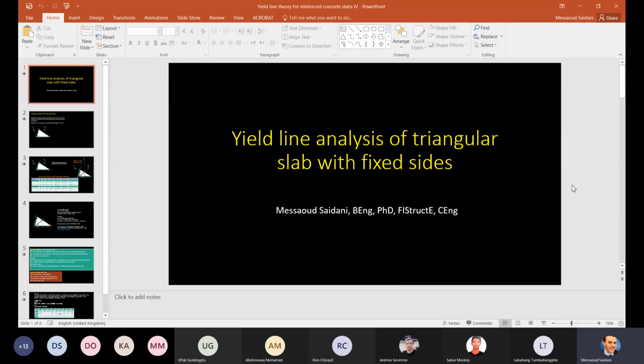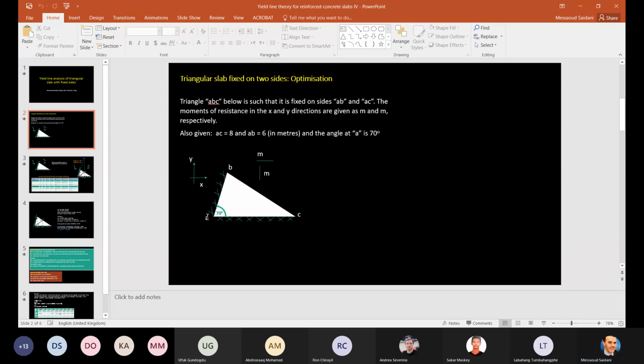Right. This is the example of the triangular slab, but this time with the sides here fixed. So we have AB and AC fixed in this case. It's the same problem we did last week, but this time the two sides are fixed.